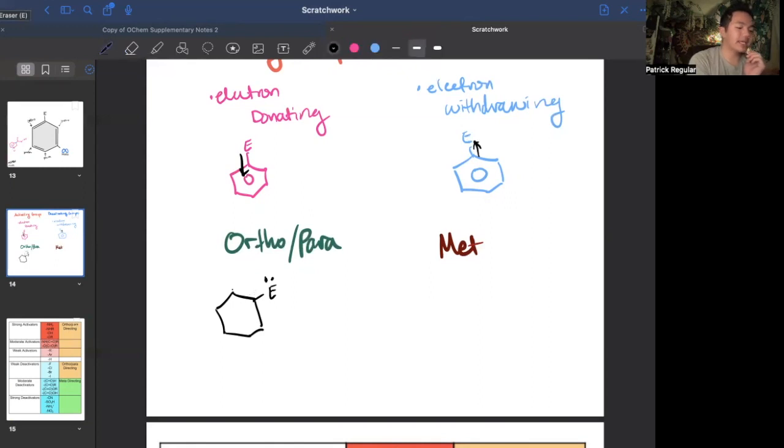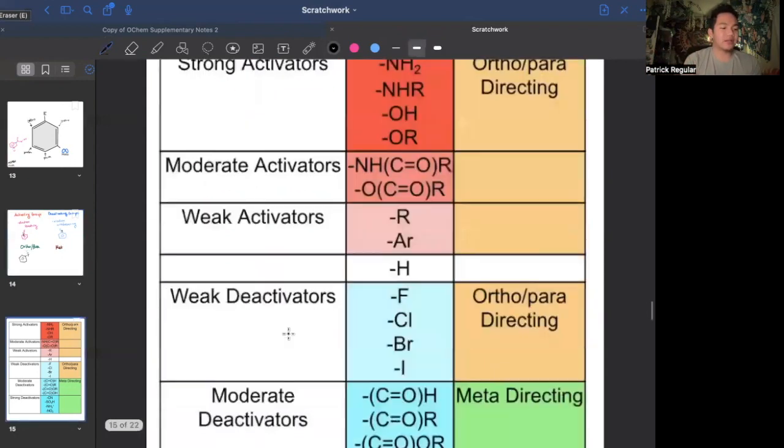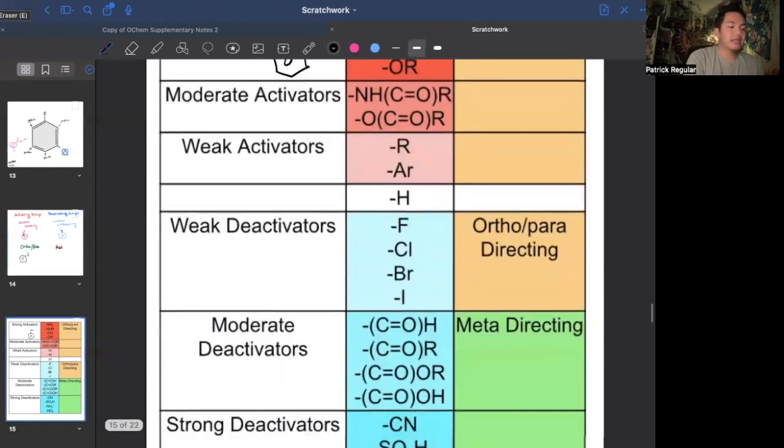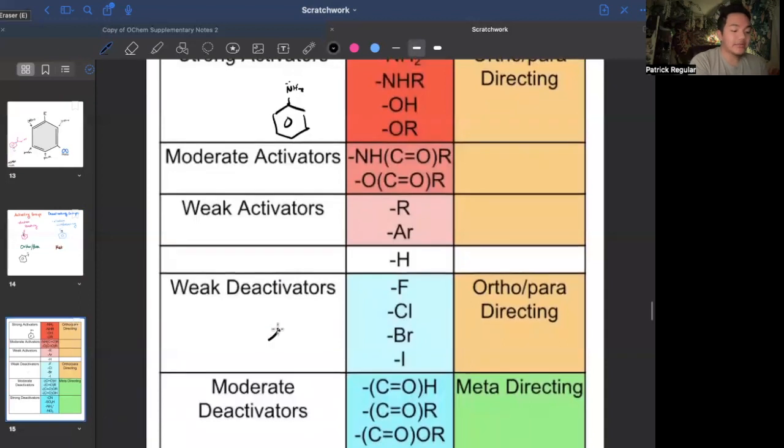Just go over again. If your substituent E has a lone pair, it is ortho-para, and that applies for all of this. Aniline, NH2. There's a lone pair. It's electron donating. The deactivators.